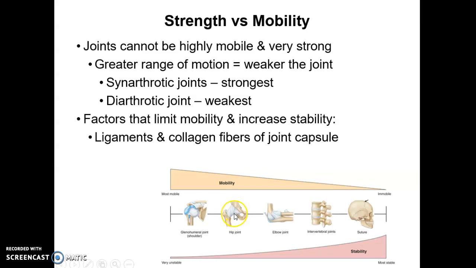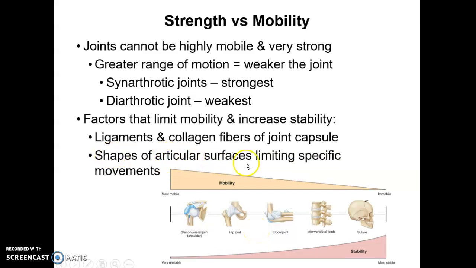So there's more ligaments that are binding the hip joint together and the elbow joint, in addition to the bone structure of the articulating bones. And the shape of the articular surfaces will limit certain specific movements. The hip and shoulder joints are both ball and socket joints, but the hip joint is a deeper one, less range of motion, structurally stronger.